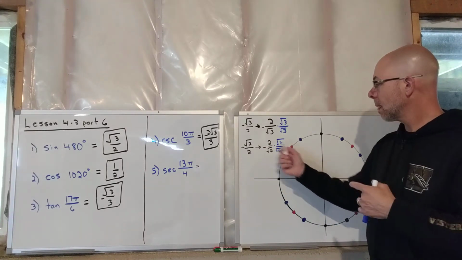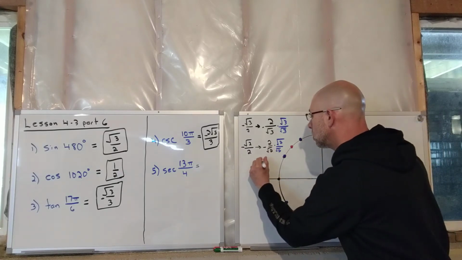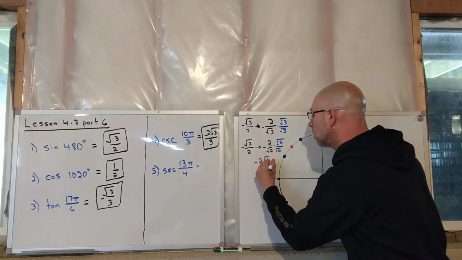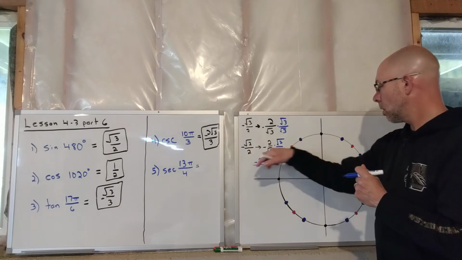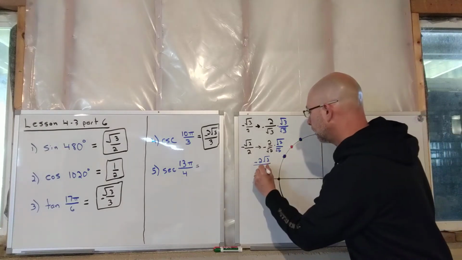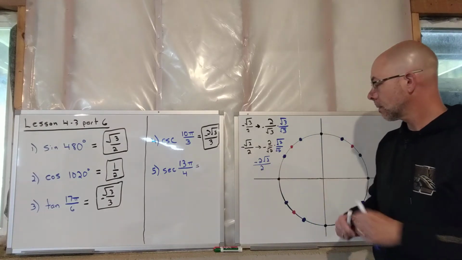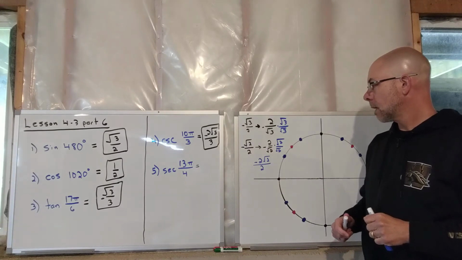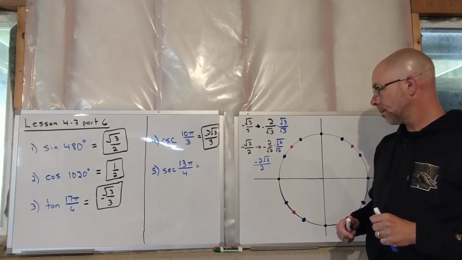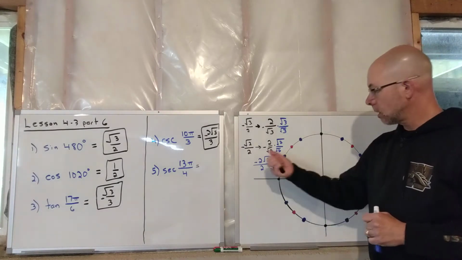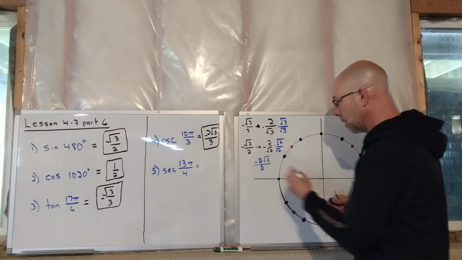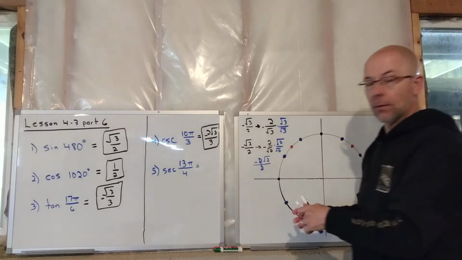I can't remember. This becomes negative 2 square root of 2 over 2. Okay? Negative 2 square root of 2 over 2. The 2's reduce. And I get just negative square root of 2.